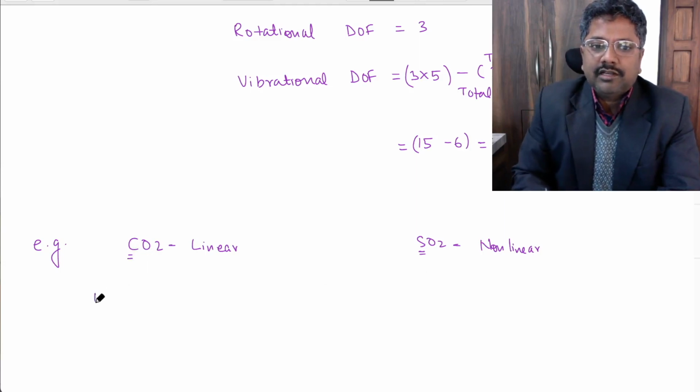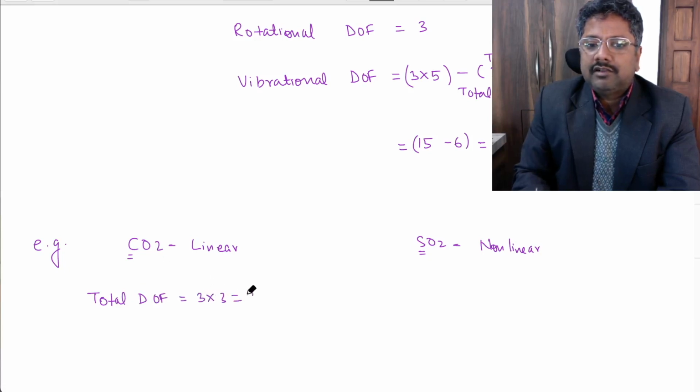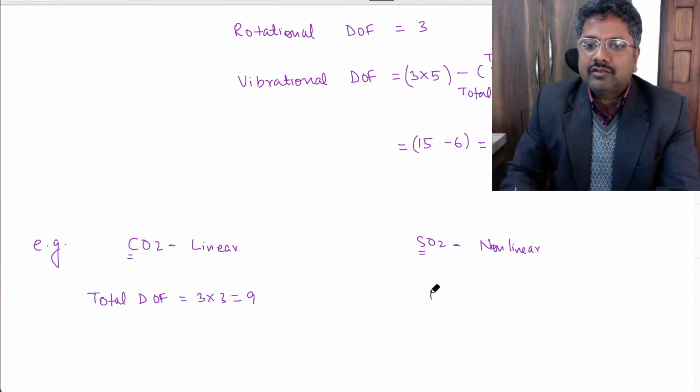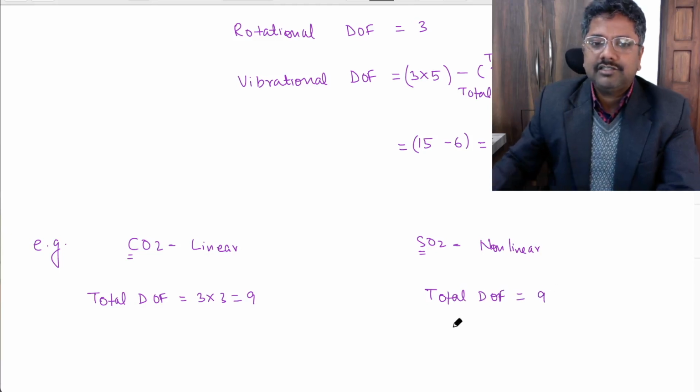So total degree of freedom is equal to 3 into 3 is equal to 9. Here also the total degree of freedom is equal to 9, right?